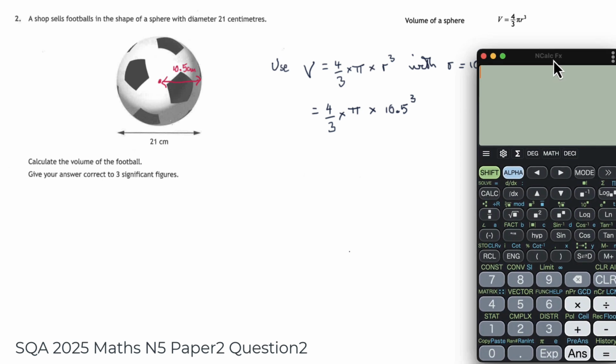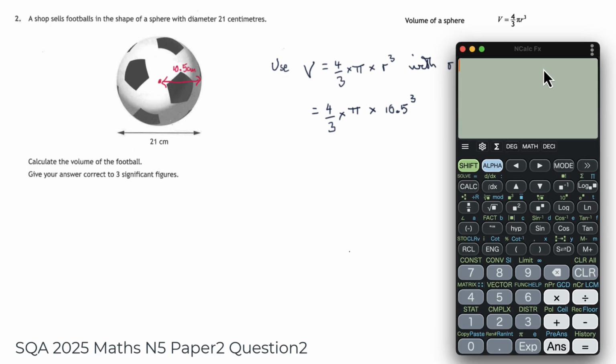So calculator, 4 divided by 3 times. Now, pi button, you'll know where your pi button is. Mine's tucked away down here and it's above this key, so I have to do a shift first and then press the button. That gives me my pi times 10.5 and cubed.